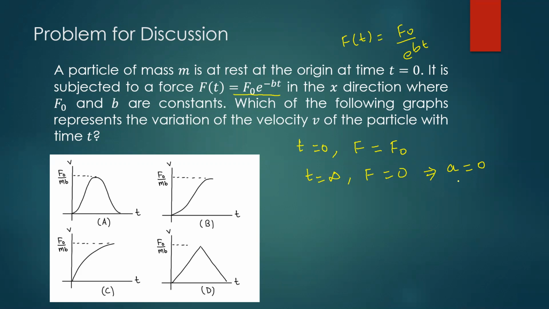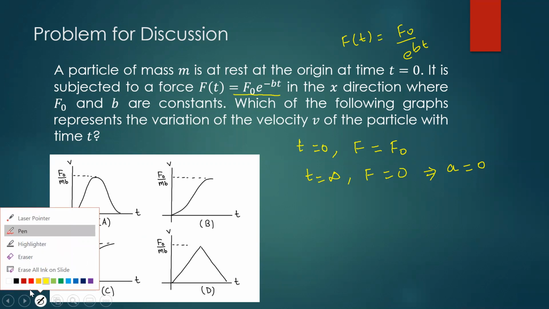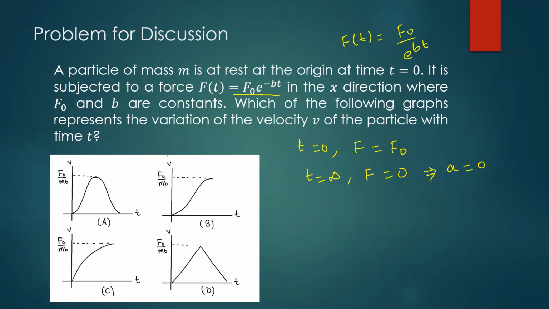Now these don't look like that. I think you can simply eliminate, let's say, A and D. So quickly get them out of our way. And then another thing you need to realize is the force is exponential. So initially the force is very large and then slowly it is dropping to 0.